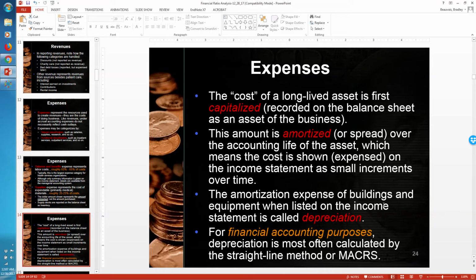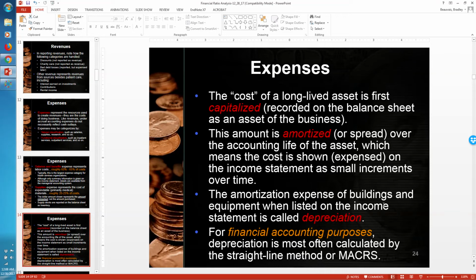Now, for financial accounting purposes, for external reporting, often we're using depreciation calculated in one of two primary ways: either straight line, where you take the number of years of useful life of a piece of equipment and divide the purchase price by that number of years, so it's an equal number across the entire reporting period.